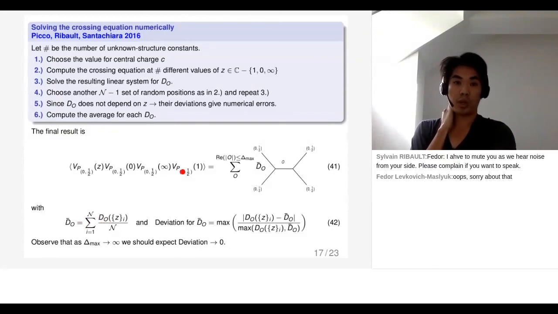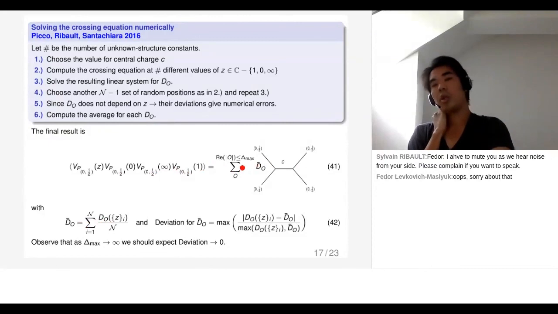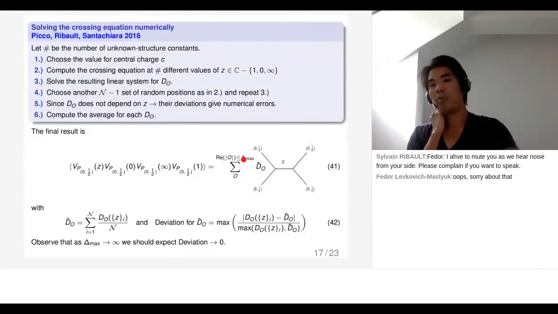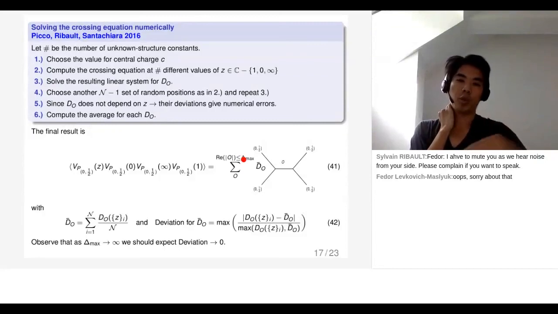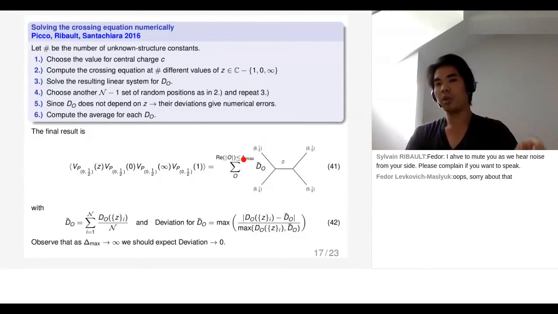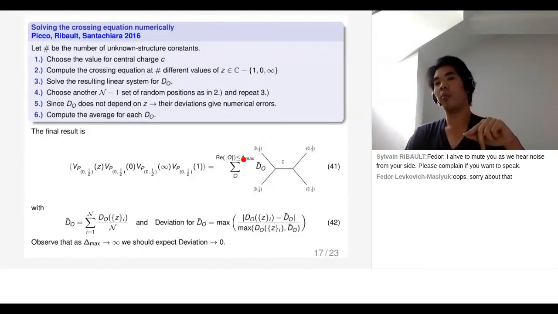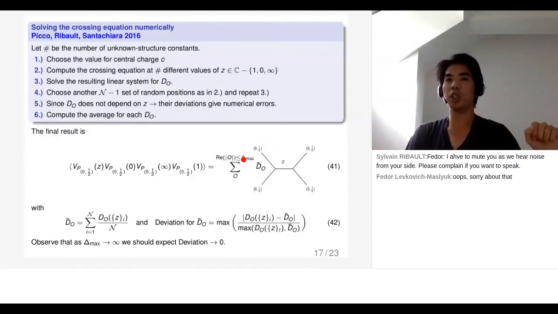So this would be the final formula for the four-point connectivities. However, to make sure that what we are doing here really makes sense, we need to check that as we increase the bound of the truncated spectrum here, the deviation should become smaller. Because as you increase the bound, the truncated spectrum gets closer to the real spectrum, in which case the structure constants have no dependence on position at all.